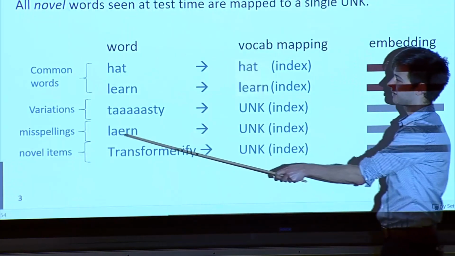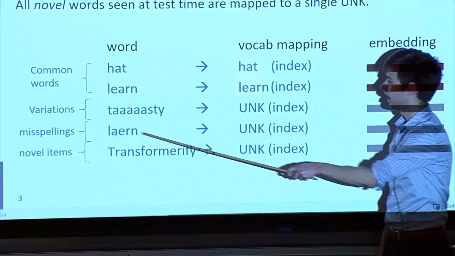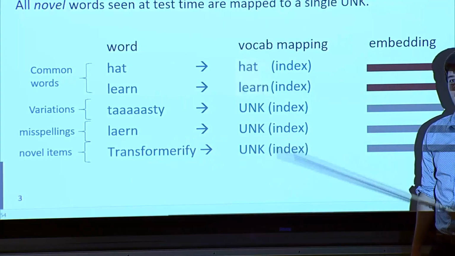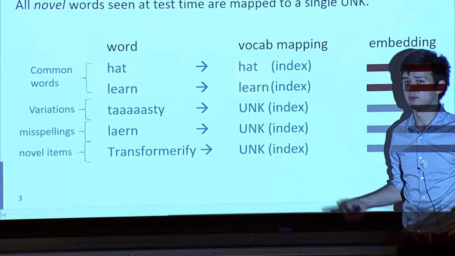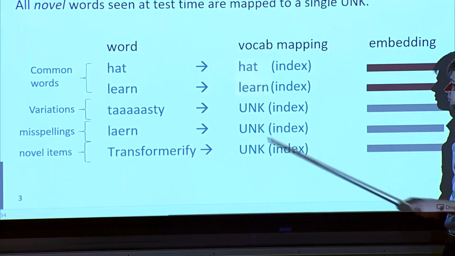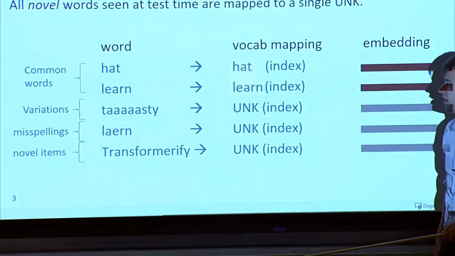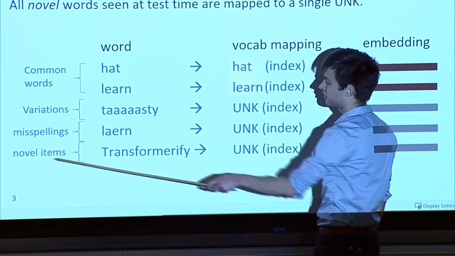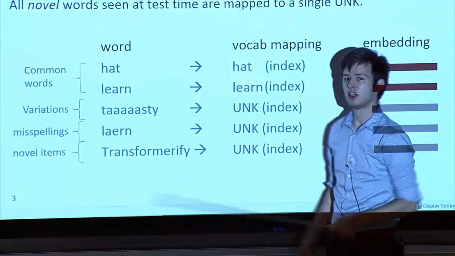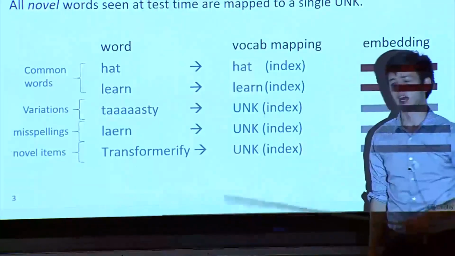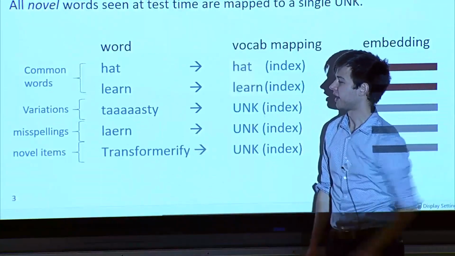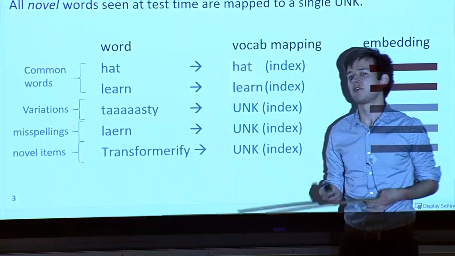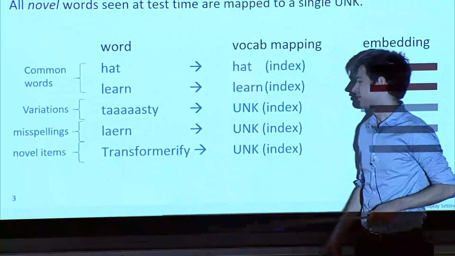And then you have a typo like learn. And that maps to UNK as well, potentially, if it wasn't in your training set. Some people make typos, but not all of them will be seen at training time. And then you'll have novel items, right? So this could be the first time that you, as a student in 224N, have seen the word transformerify. But I get the feeling you have a notion of what it's supposed to mean, right?